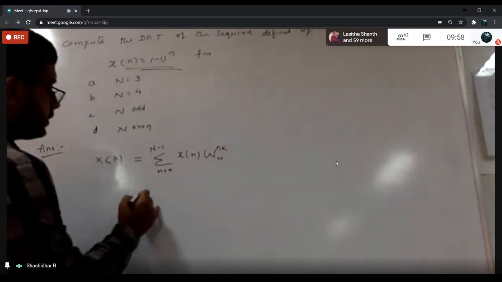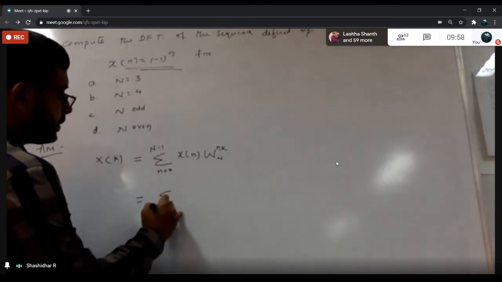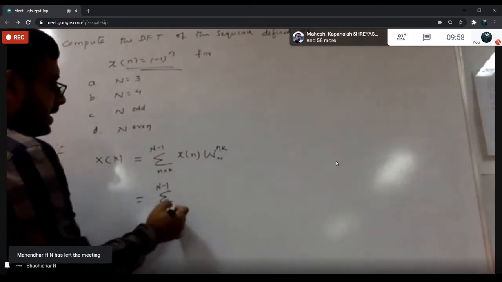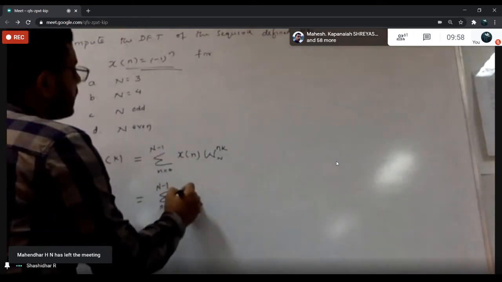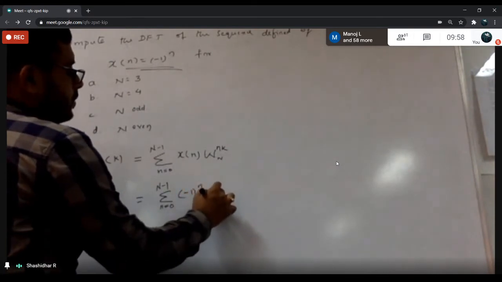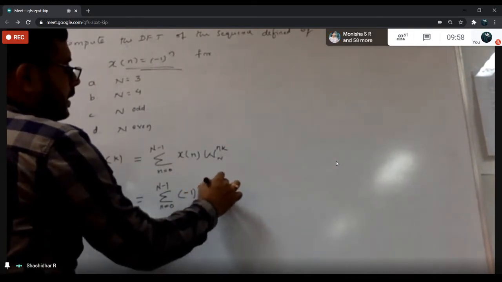Okay, so here we substitute x of n value. N values are 0 to n minus 1, right? So here minus 1 to the power of n into w n and k.